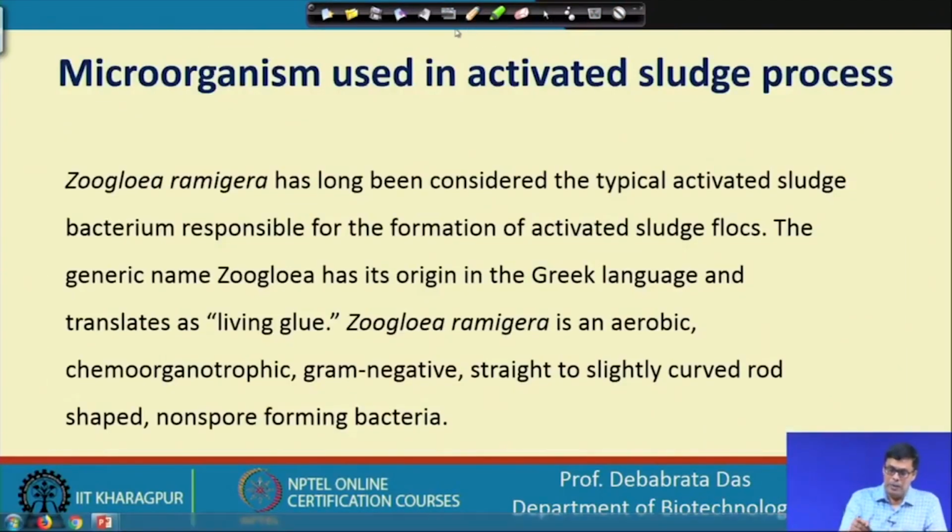Now, one very important thing is that in this aerobic process, we use one key organism, what we call Zoogloea ramigera. What is the speciality of the organism? The speciality of the organism is that it produces a polysaccharide gel. So, what is happening?